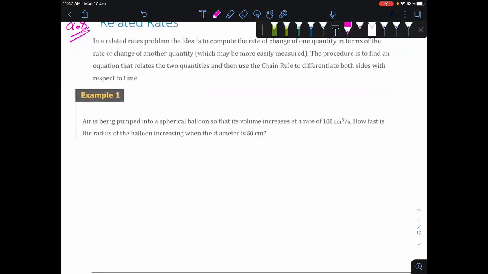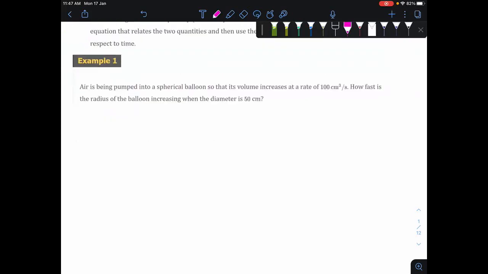Example 1. Air is being pumped into a spherical balloon. So you should know that it's a sphere. Its volume increases at a rate of 100 cubic centimeters per second. How fast is the radius of the balloon increasing when the diameter is 50? To solve this problem, you have to write dV over dt is equal to 100 cubic centimeters per second.